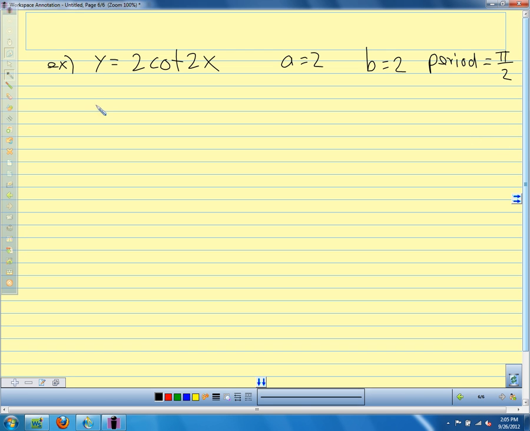We're going to find our asymptotes by solving 2x equals 0 and 2x equals pi. So from this one we get x equals 0, and from this one we get x equals pi over 2. So now we're ready to start sketching.